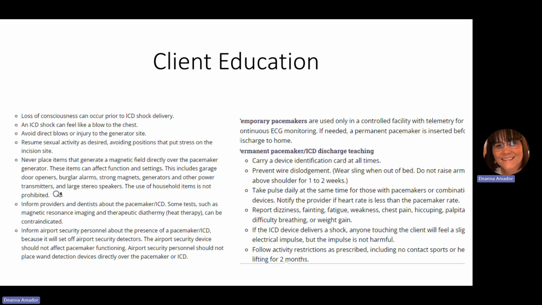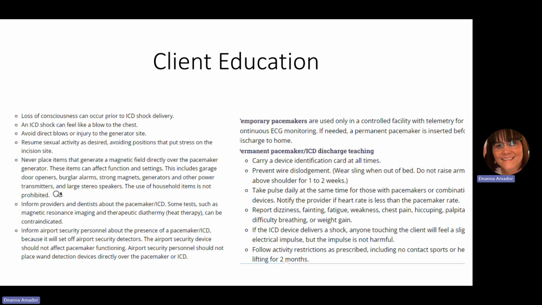There's always some myths, I guess, that clients seem to have, and it's important to dispel these myths. One of them, a big one with people that have pacemakers, is they say that they can't utilize a microwave, and that's just not the case. So you can see there that it talks about that these patients can use a microwave, and it basically goes on to say that we just want to make sure that we don't have items that can affect the settings of the pacemaker.